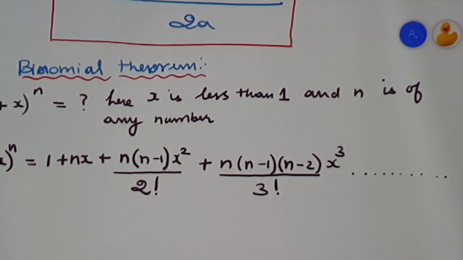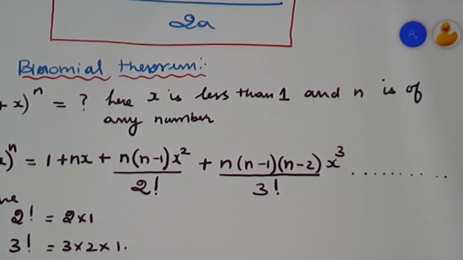Okay. So, what is this 2 factorial? 2 factorial is nothing but 2 into 1. What is 3 factorial? 3 factorial is 3 into 2 into 1. If I am considering the next one, n into (n minus 1) into (n minus 2) into (n minus 3), x power 4 divided by 4 factorial, then it is 4 into 3 into 2 into 1 and so on.